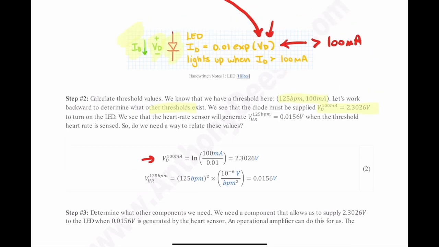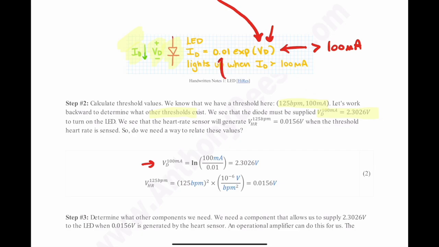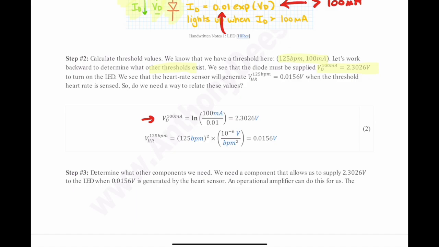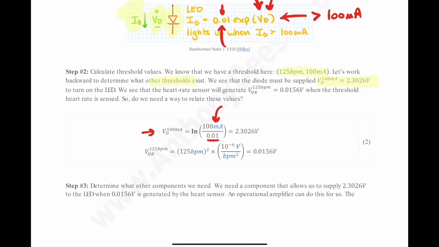All that I did was invert the exponential equation using natural log, and we see that if we input our threshold current of 100 milliamps and we use the 0.01, this is the coefficient from here, and we take the natural log, we've inverted this equation, and now we can calculate what voltage, if you were to stick it in right here, would generate 100 milliamps, and that value is 2.3026 volts.